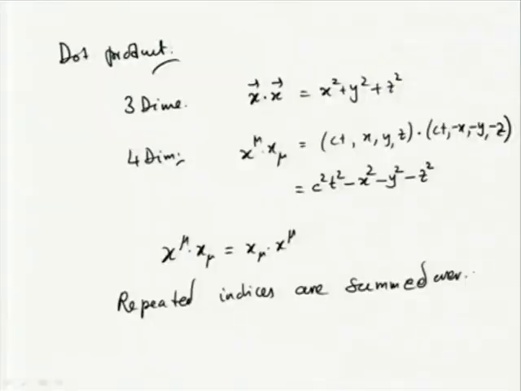I am assuming that you have some familiarity with special theory of relativity, and you know what is the meaning of going from one frame to the other, what is the relation between two different moving frames, or what are the relations of the coordinates between two different Lorentz frames as they are called.